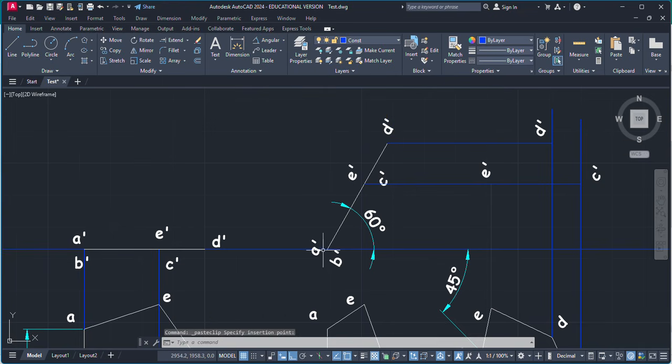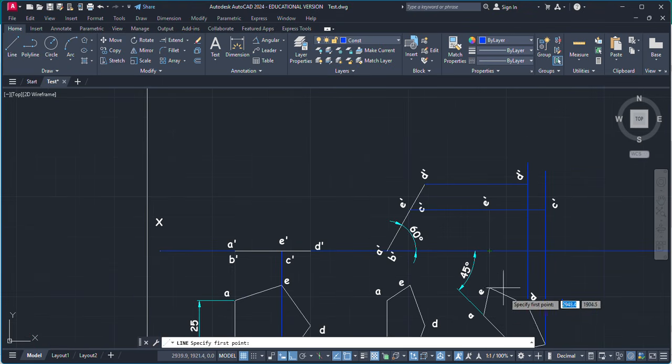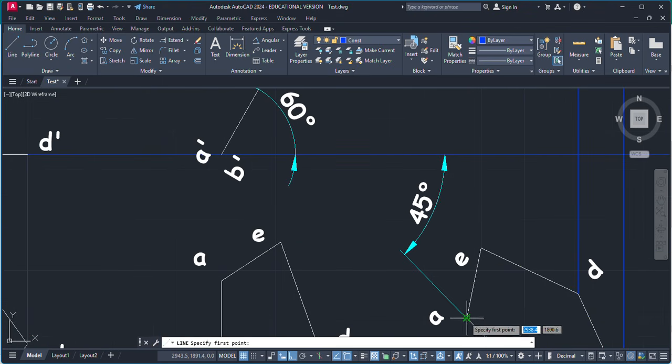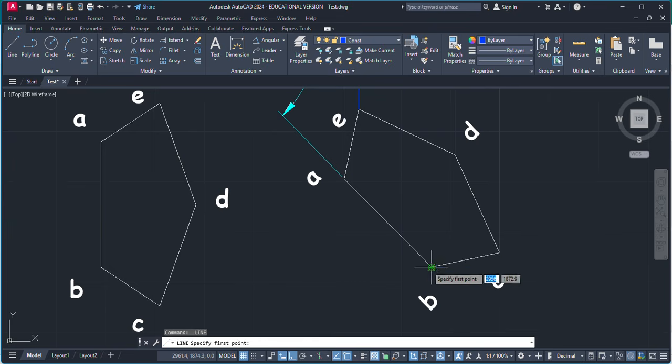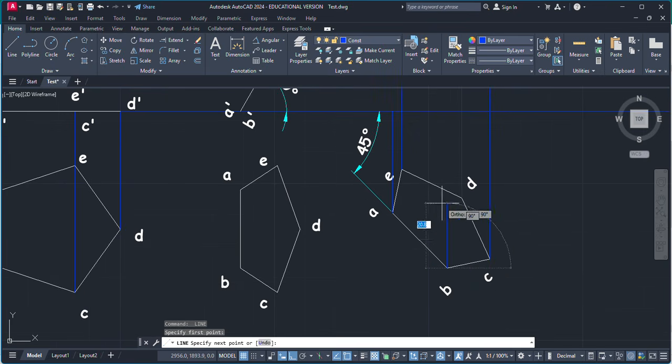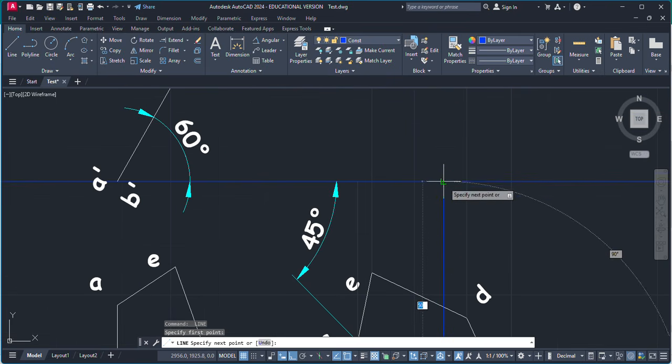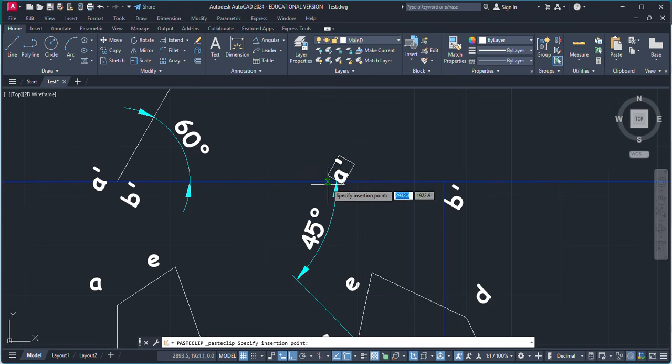Now the next step is to find A dash and B dash, which are on the reference line. From A create a vertical line which will intersect with this reference line, because A dash is on the reference line, and B dash is also on this reference line. So this is going to be B dash, and this point is going to be A dash.